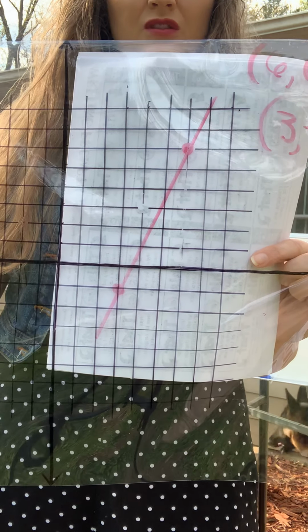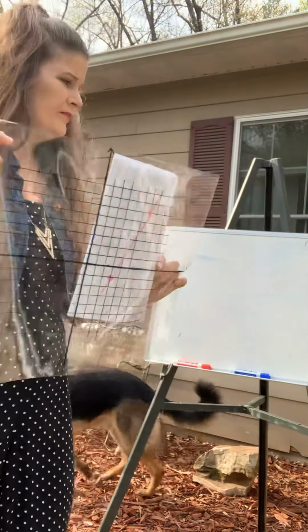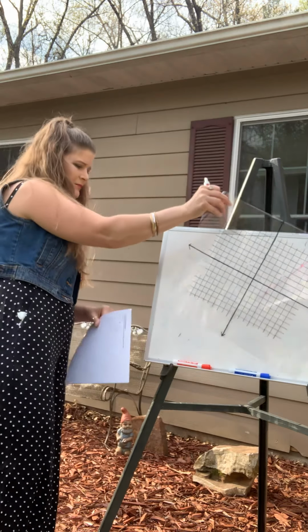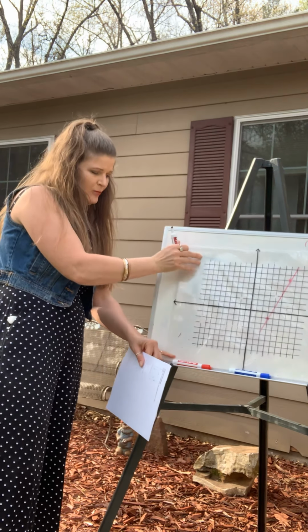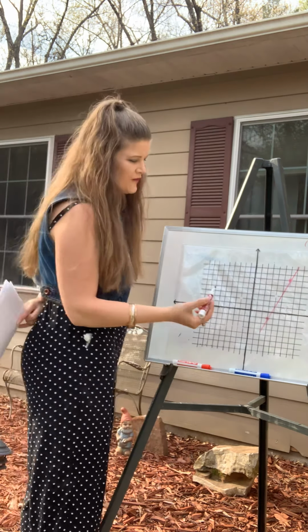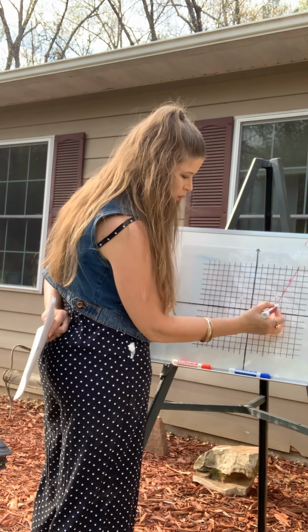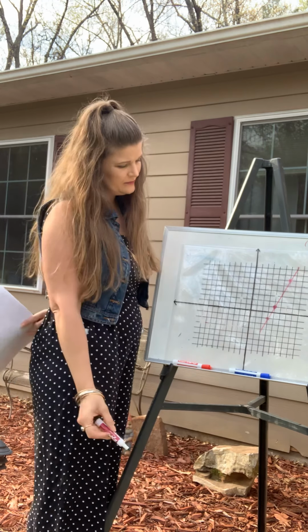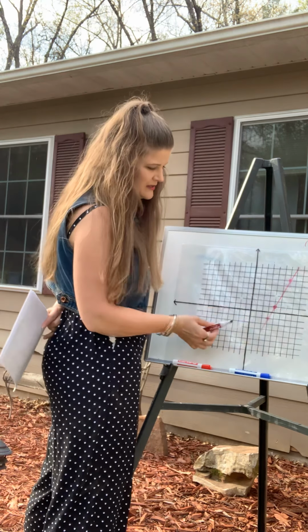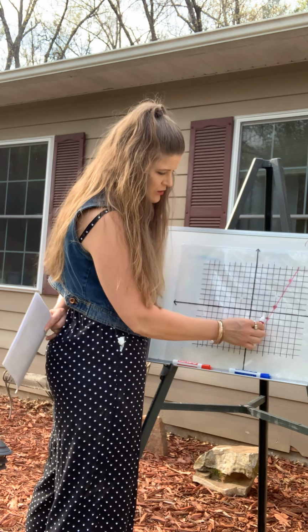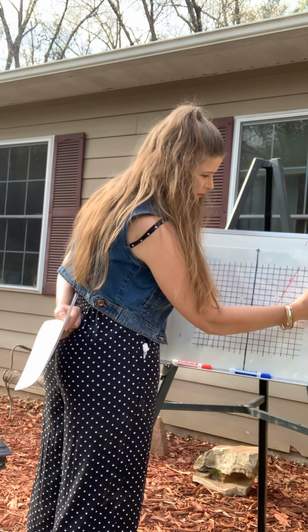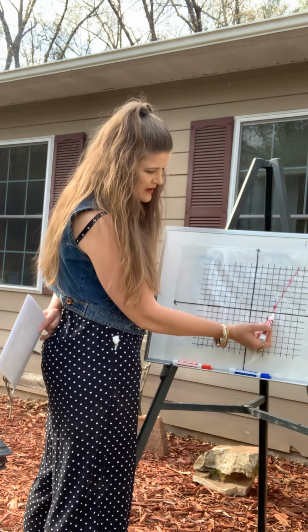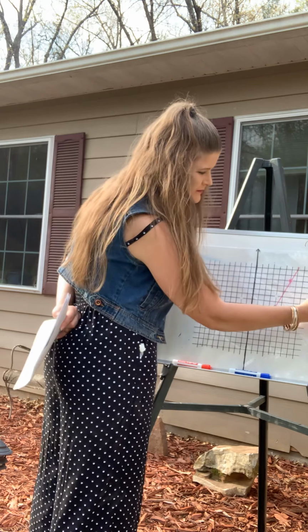Okay? So looking at that, let's go ahead and pick one. Maybe it'll be one you chose. So what if I pick this point right here? That's on the line, isn't it? Okay. So how many spots over for x? 1, 2, 3, 4. How many spots up for y? 1. +1.